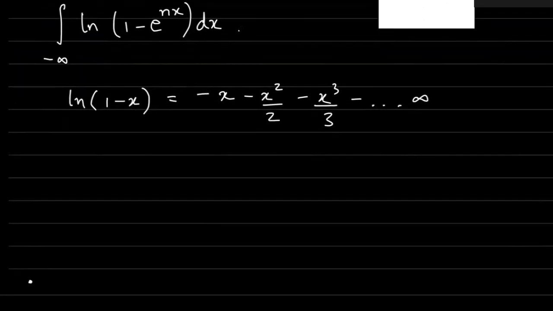In this question, they should have provided that n is positive. Now, let's carry on. If n is not positive, then when you put the limit minus infinity, and if n is negative, it will turn out to be a very, very big negative number, which is just not right.